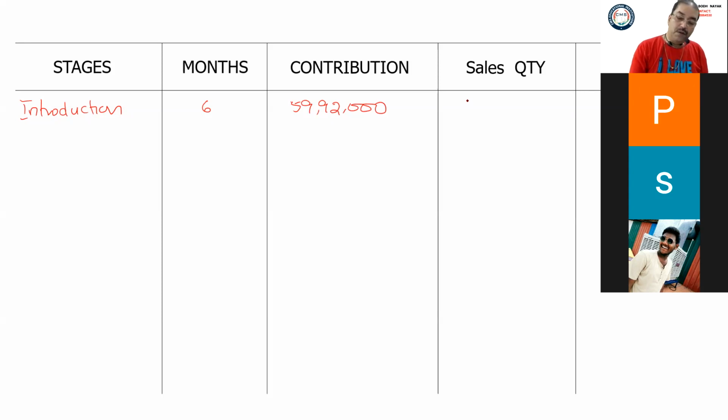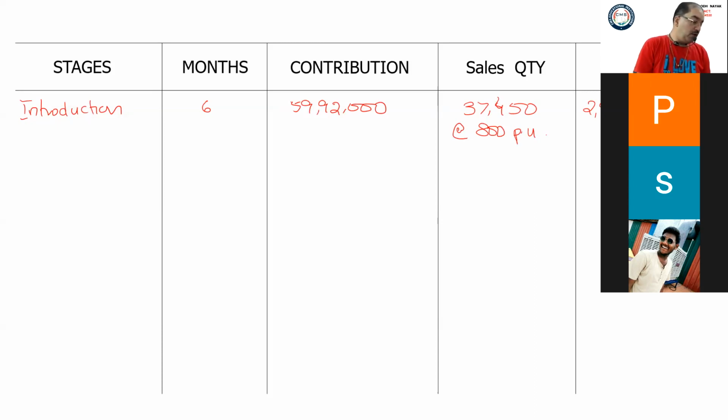Okay. Now, at that stage, what was the selling price? 800. Multiply 37,450 by 800. 2 crores 99 lakh 60,000. So write that in the amount column.